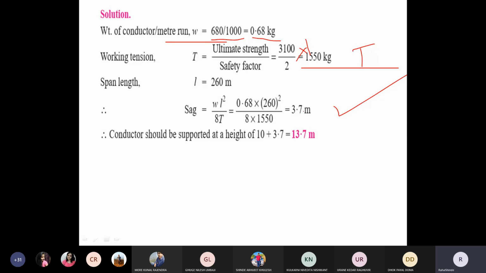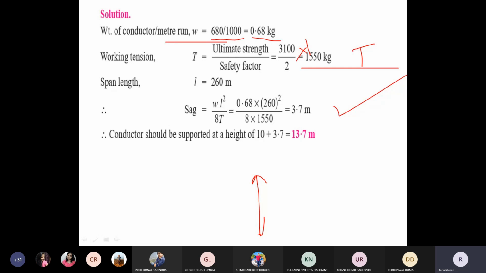And the conductor should be supported at what height? It should be placed at what height? This 10 meter will be there. Why? Because they have strictly mentioned that they should maintain the ground clearance of 10 meter. So obviously this 10 meter will be there.